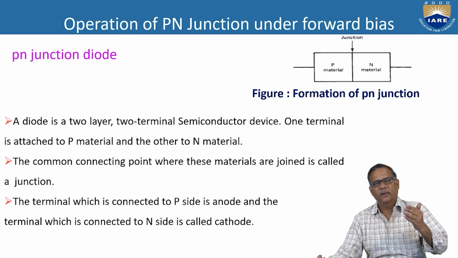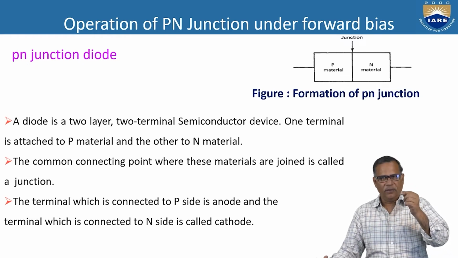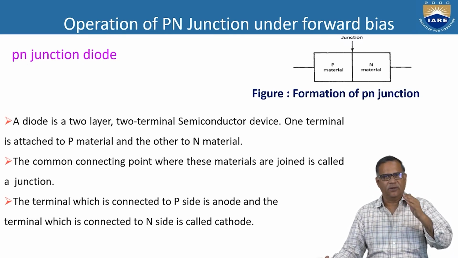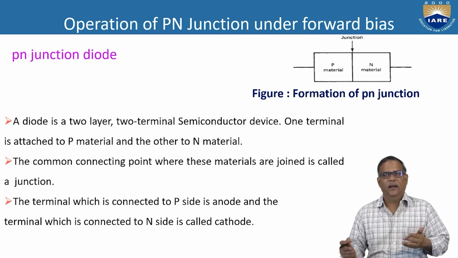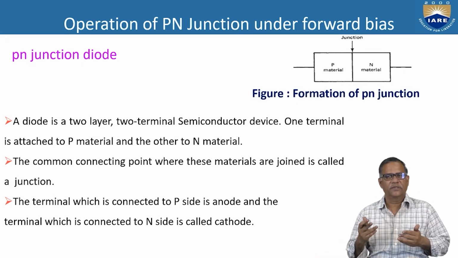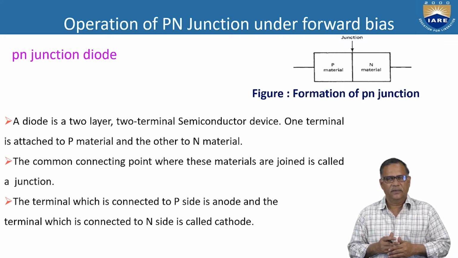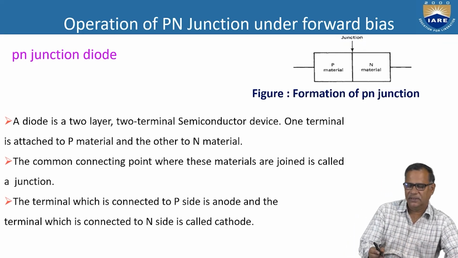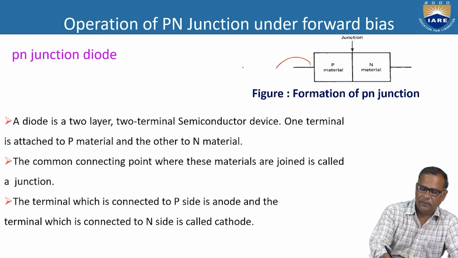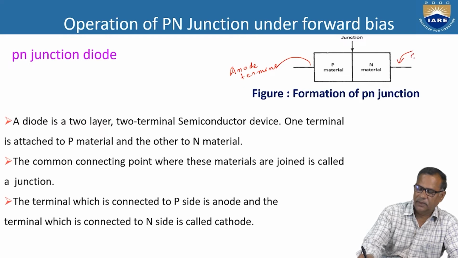The ohmic contact made on the P side is called the anode terminal, and the ohmic contact made on the N side is called the cathode. That means this is the anode terminal, and this is the cathode terminal.